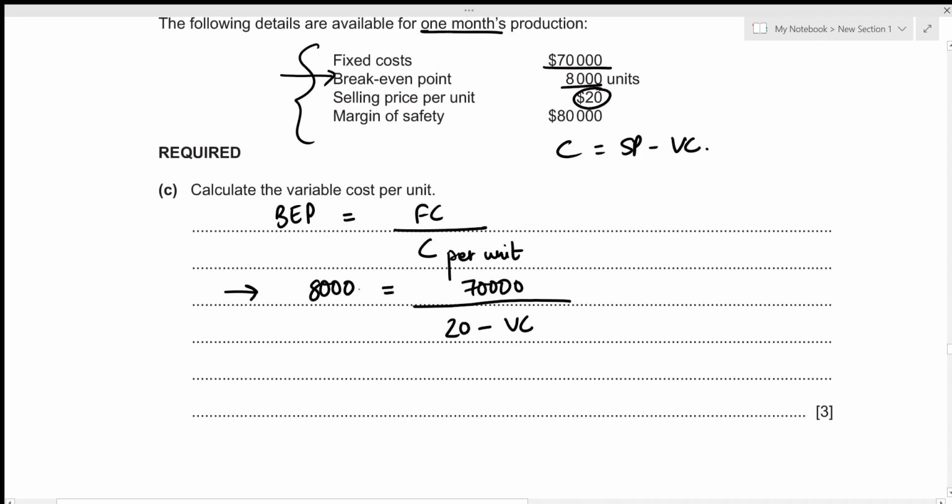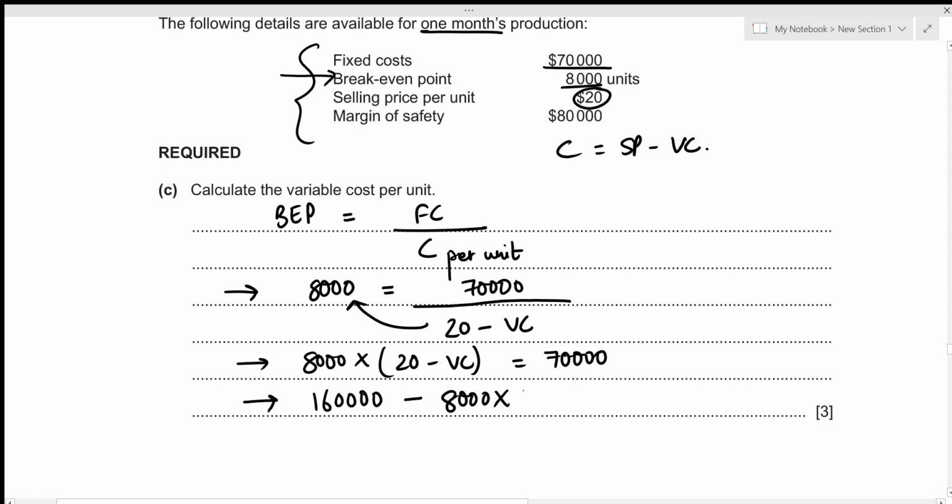Let's solve this. So we just multiply this denominator to the other side. That's going to be 8,000 times 20 minus variable cost equals 70,000. So that's 8,000 times 20, which results in the value of 160,000, minus 8,000 times variable cost. So that's 8,000 times variable cost equals 70,000. So we can just bring this value to this side and this to the other side.